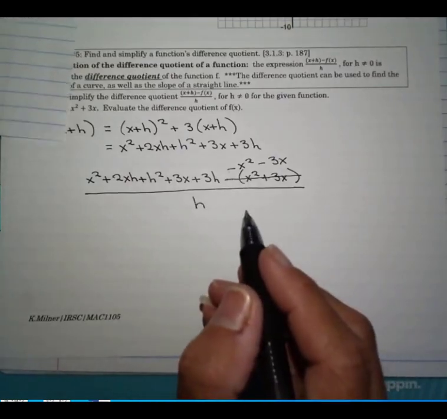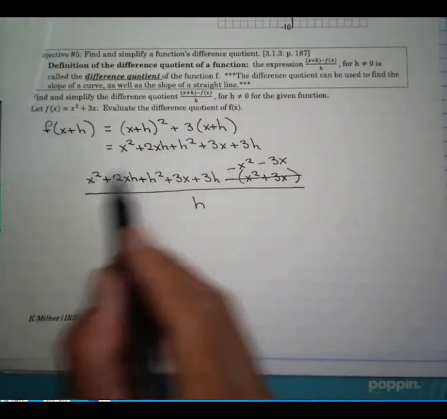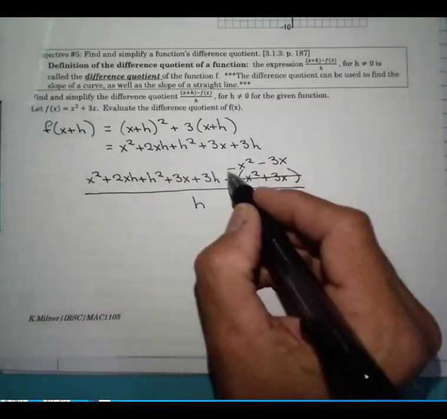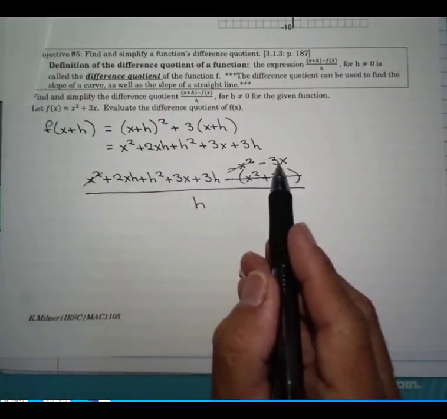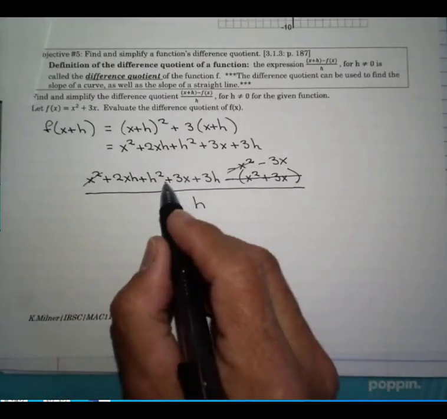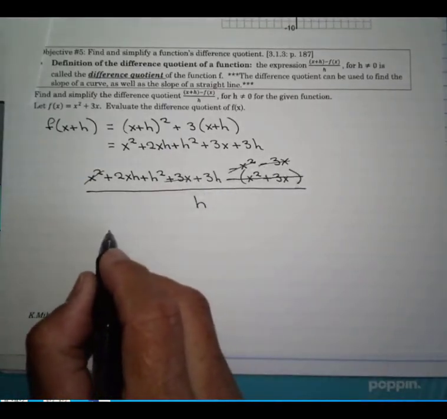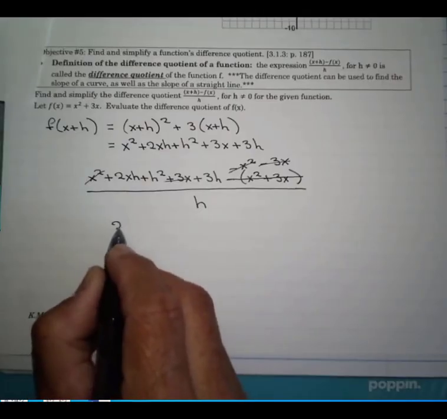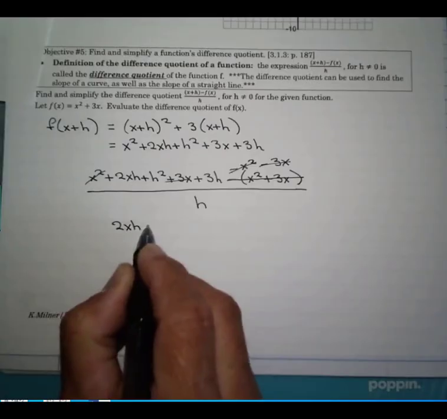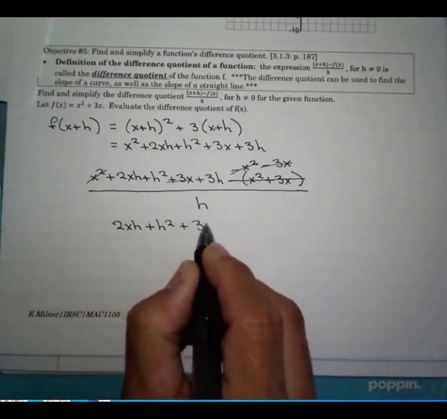Now I'm starting to simplify. I'm going to start simplifying values. And I see that I have an x squared and a negative x squared, so I can cancel those out. I have a negative 3x, and over here I have a positive 3x. Those will cancel. So let's write it down and see what we have next. I have left over 2xh plus h squared plus 3h.